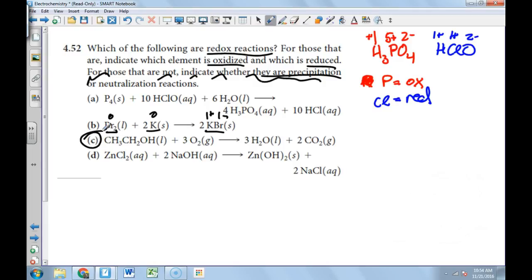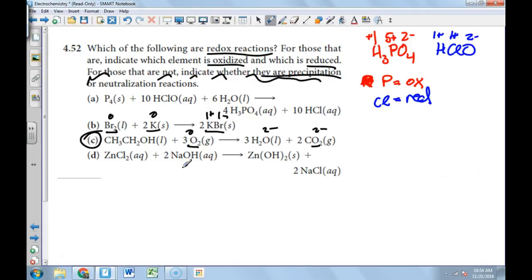Part C, super straightforward, because any combustion reaction is a redox reaction. That's what's so crazy about it. So what's reducing, what's oxidizing? Well, here's oxygen. Oxygen is going from a 0 to a 2-, and here it's 2-.